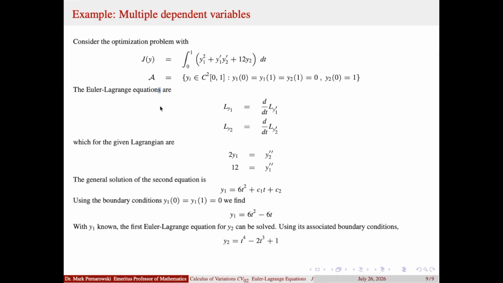So sometimes you'll have a single Euler-Lagrange equation, but other times you'll have equations that are coupled. So this is the case where they're coupled. So I've got two equations. So it's a fourth order system. I solve it, and I apply the boundary conditions to find all the unknown constants. And then that gives me the y1 and y2 that extremize this functional defined using that Lagrangian.